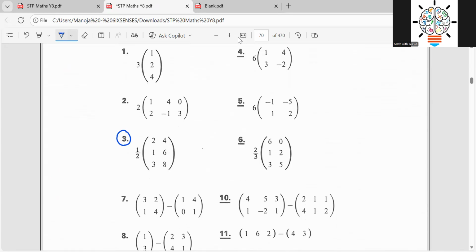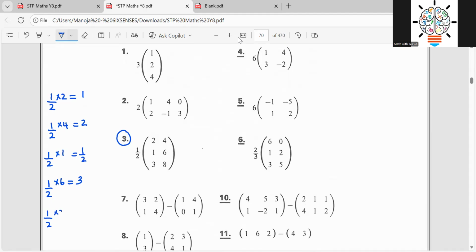What you're supposed to do, again, if it is not a whole number, if it is a fraction or a decimal, you can just write half into 2. The answer is 1. Then half into 4, 2. Half into 1, the answer is half. Half into 6, the answer is 3.